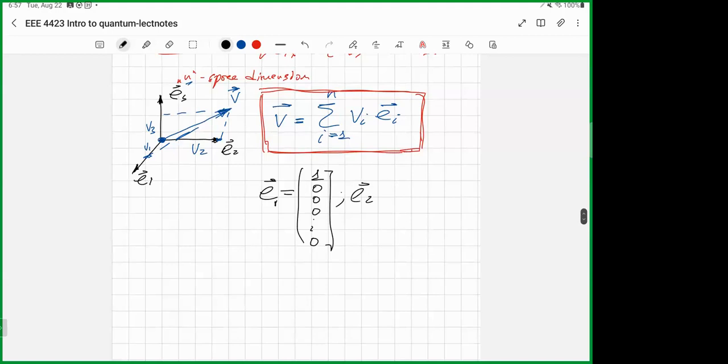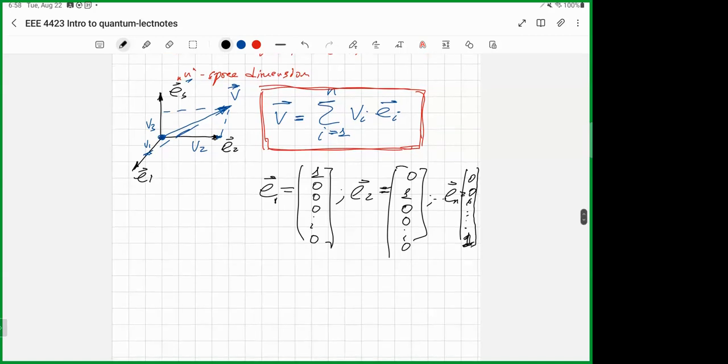E2, in terms of its projection in the same basis, would be 0, then 1 here, then 0, 0, all the way down to the nth element. And the same way up to En, which will be 0, 0, 0, 0, all the way up to the 1 here on the nth place.